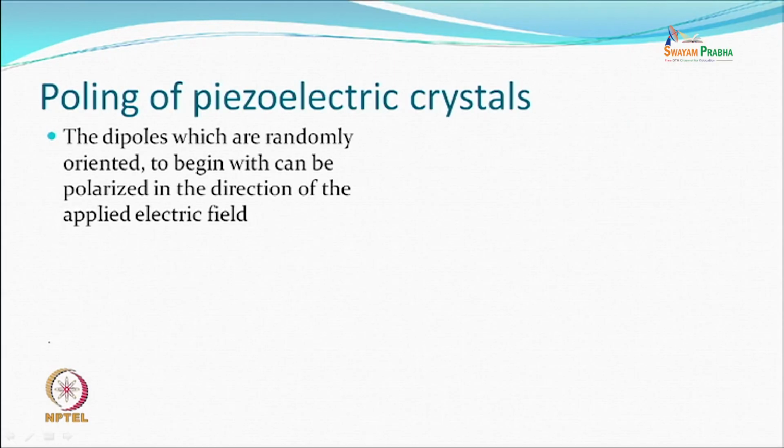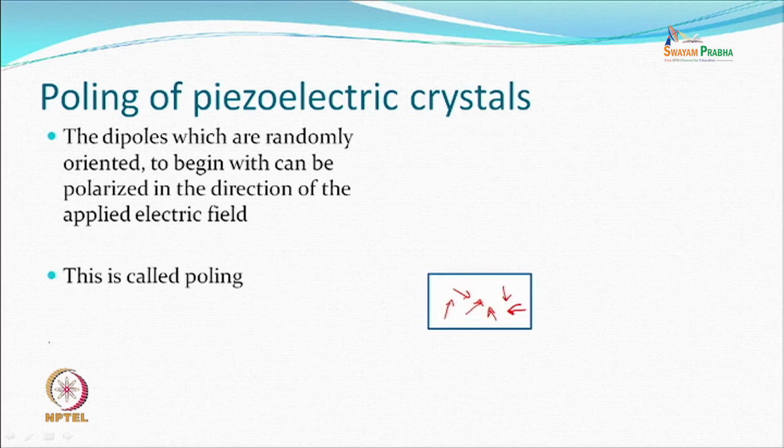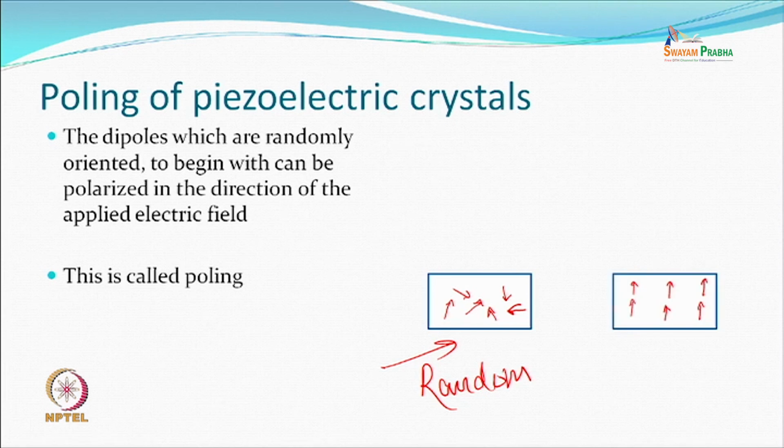So it gives you a flexibility in design of any system. So this is exactly what I said: the dipoles which are randomly oriented to begin with can be polarized in the direction of the applied electric field. Like, for example, you have randomly oriented entities, they can become polarized if you have, let's say, a field getting created.